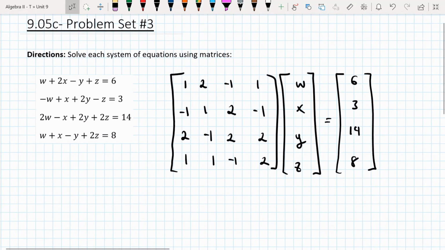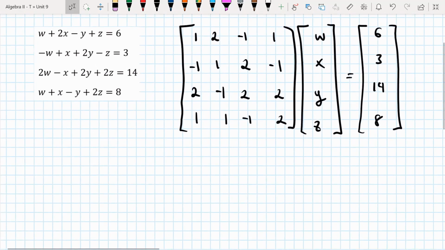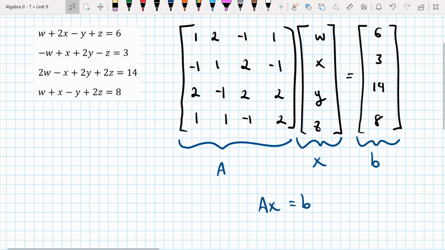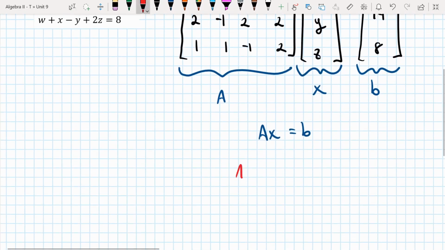Okay. If we were to try to do this by hand, this would be an absolute mess, and it would take pages and pages of work. So what we're going to do is use a calculator. Same rules apply as before. We're going to convert this into a simple equation, and then to solve for x, the 4 by 1 matrix, our solution, we're going to multiply both sides by the inverse of A. And that will isolate the x term.